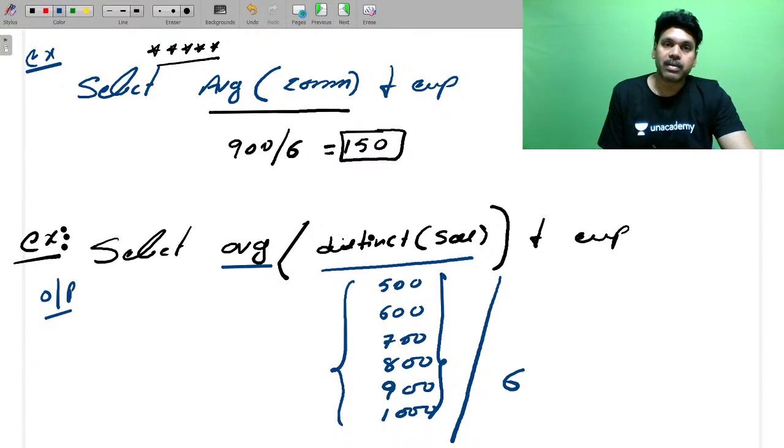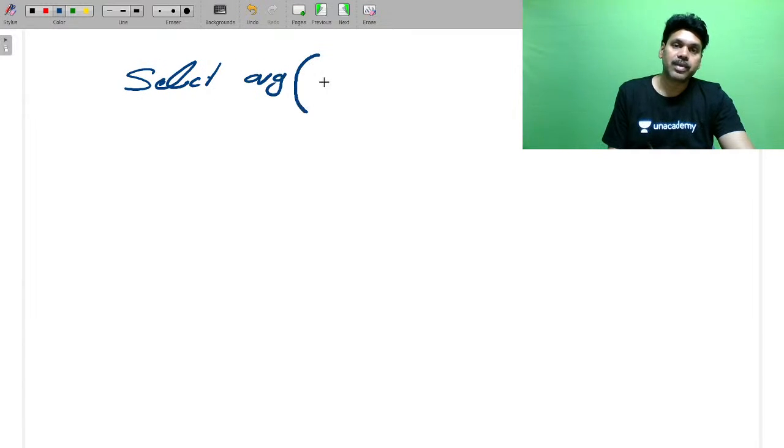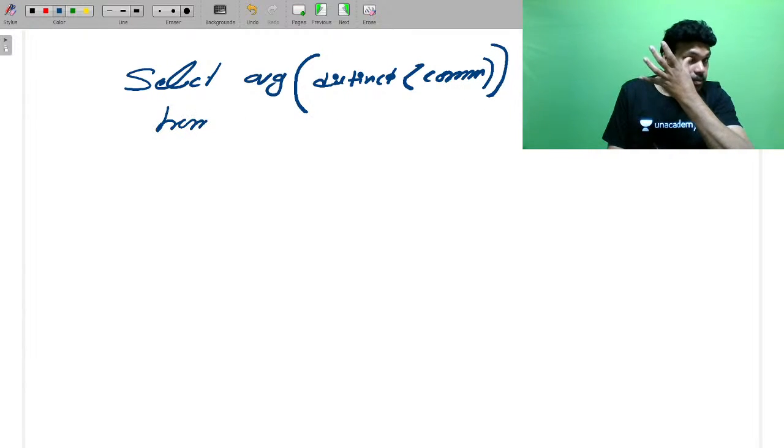If I call one more query: select average of distinct commission from EMP.